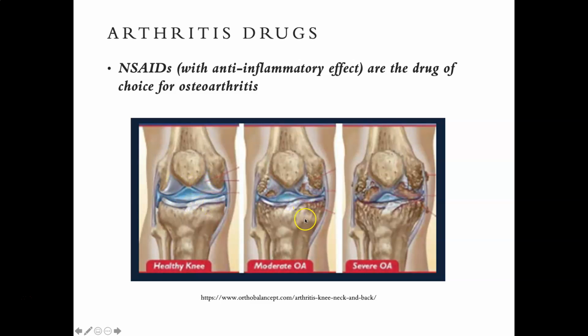In moderate osteoarthritis, you can start to see where that's been eroded away, and you're starting to get close to bone on bone. Severe osteoarthritis, you've now got those areas where it's bone on bone. There's no padding there. There's no stopping that grinding and that pain. So NSAIDs with anti-inflammatory effect, so that means ibuprofen, not acetaminophen, are the drug of choice for osteoarthritis. That's what they start with, and then they can move up from there.